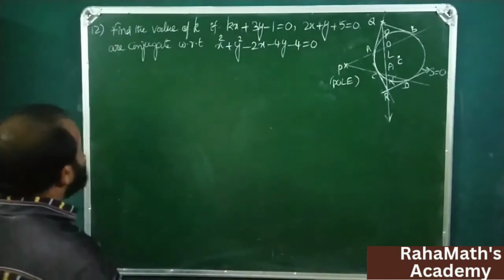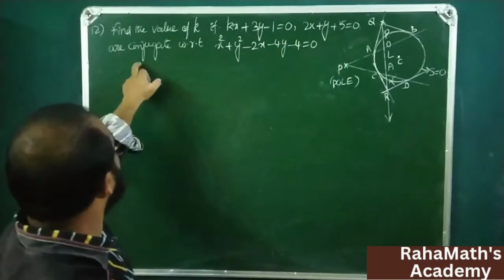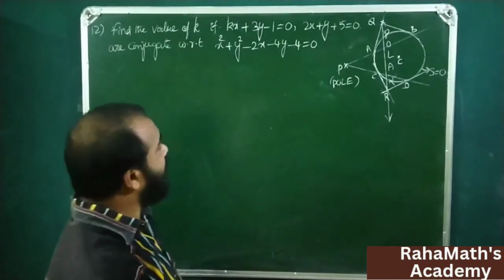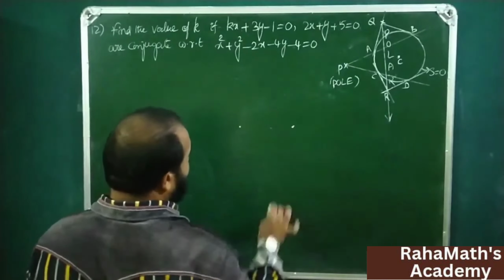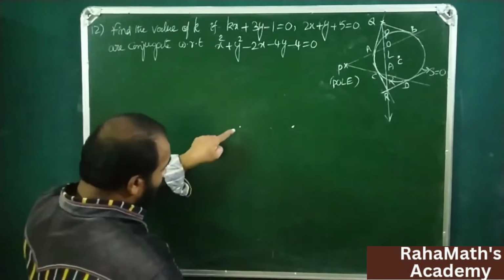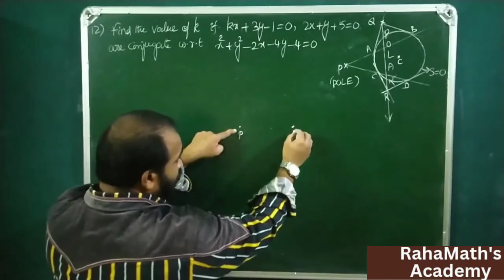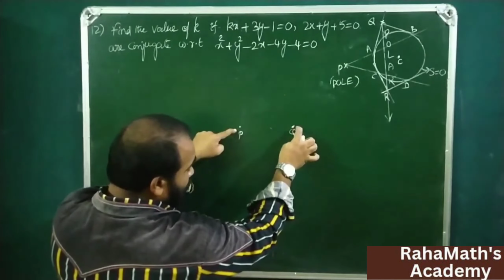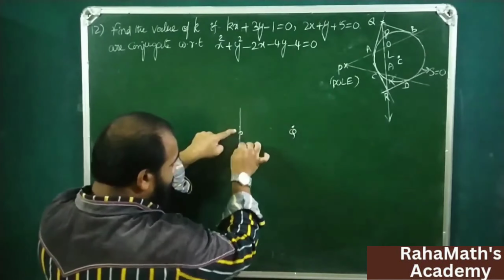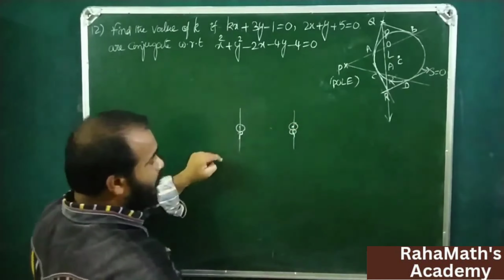Now, the next question is find the value of k if the two lines are conjugate with respect to the circle. So, in the earlier question, two points are conjugate if the polar of this point is passing through Q and the polar of this point Q is passing through P. Then these points are said to be conjugate points.